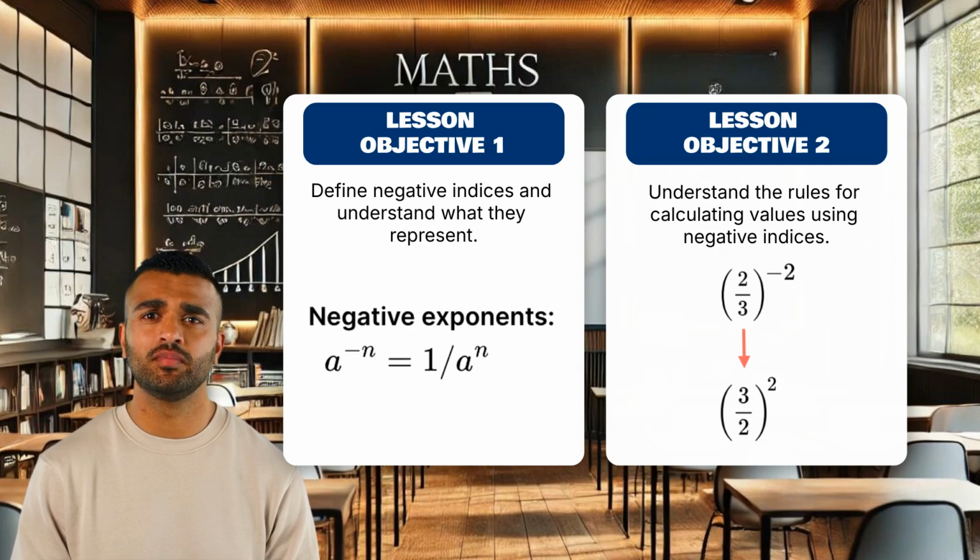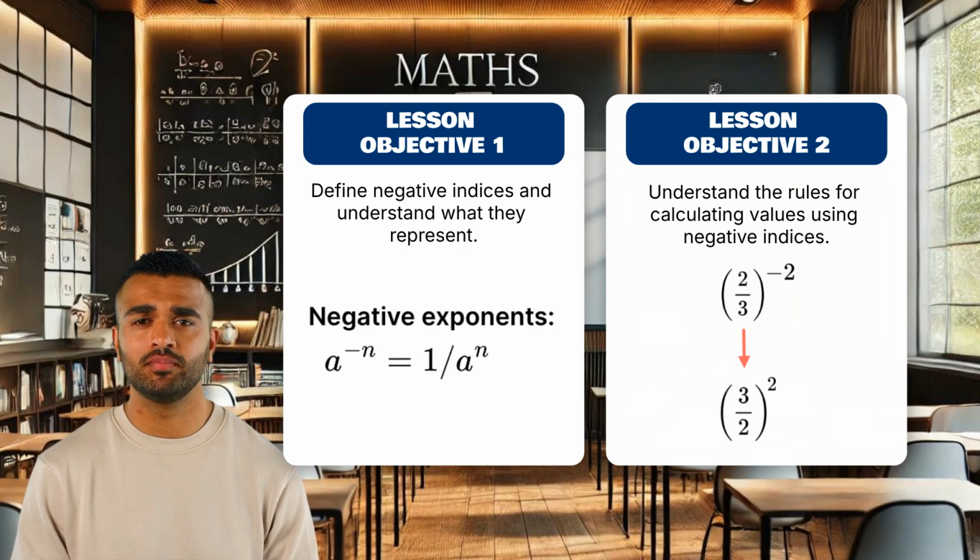We also tackled more complex examples, including fractional bases, to illustrate the versatility of this technique. We also examined the relationship between negative and positive exponents, which reinforced our understanding of the reciprocal nature of negative indices. By mastering negative indices, we can simplify and solve a wider range of mathematical problems, enhancing our overall mathematical proficiency.